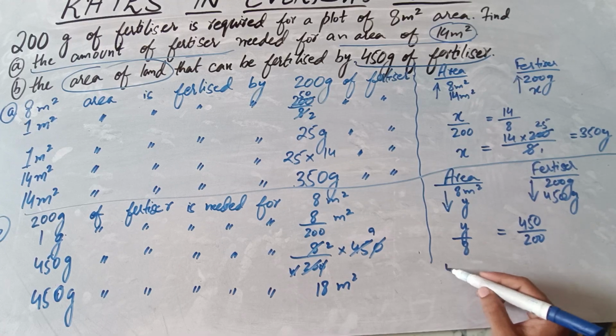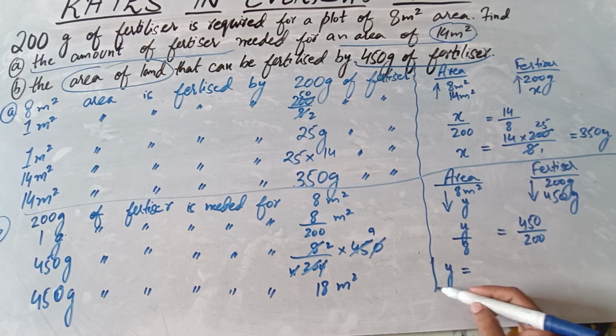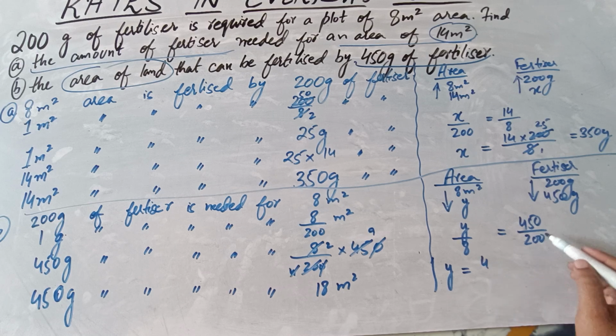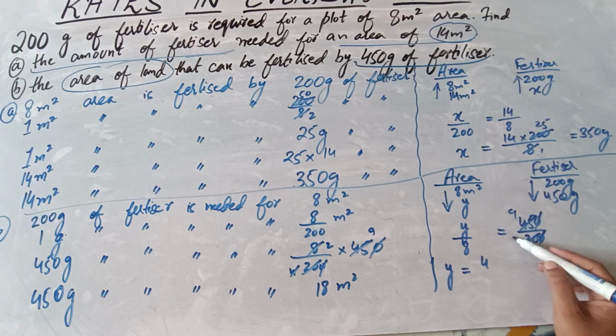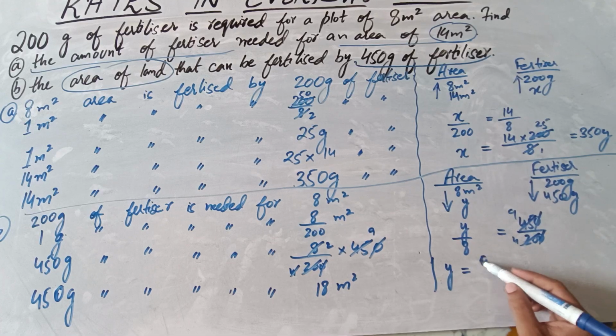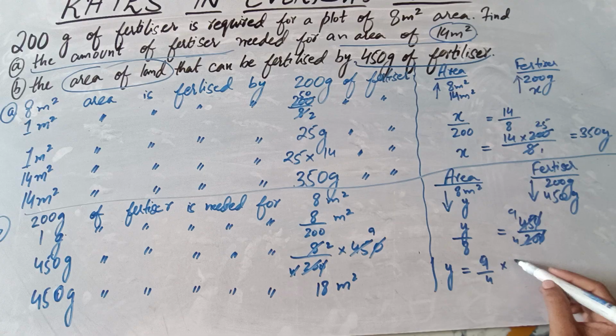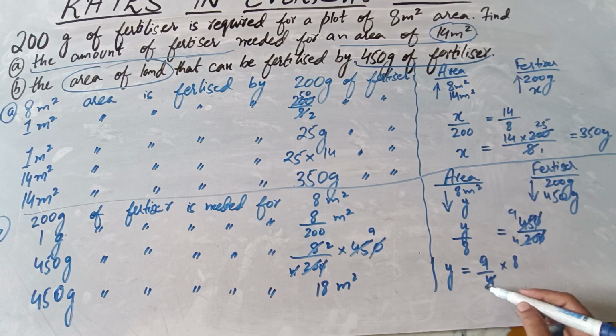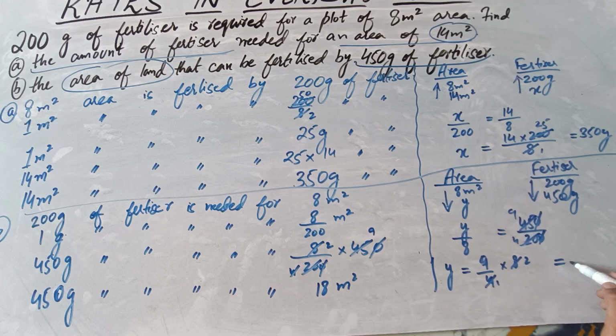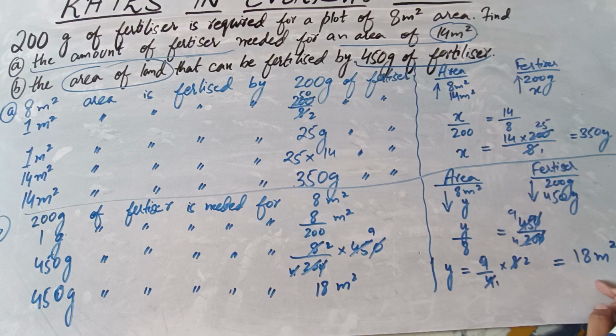Now there is a need to isolate y. Y is equal to, 10 goes out with 10, 5 9s are, 5 4s are, so now we can write 9 upon 4 multiplied by 8, then 4 1s are, 4 2s are, so again the answer is the same, 18 meter square area that can be fertilized by 450 grams of fertilizer.